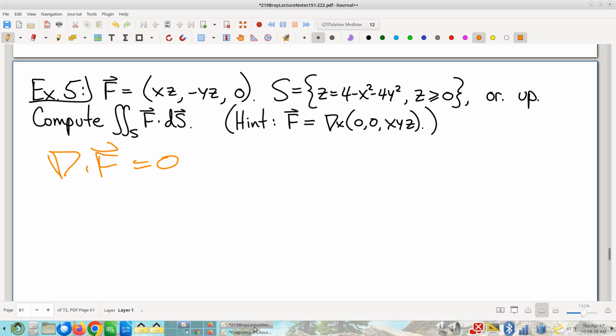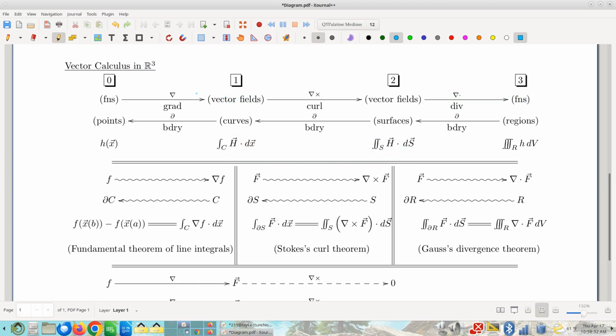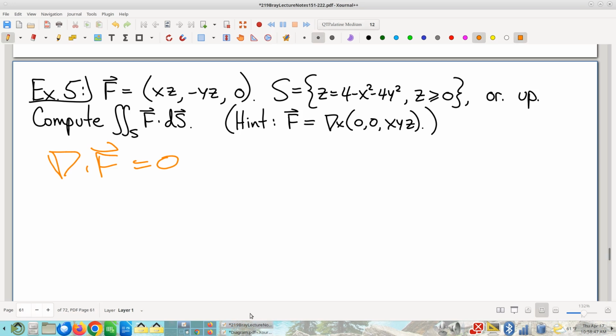And again, diagram. If you have a vector field where the divergence is 0, we know that it is surface independent. And so if we want to apply surface independence, also on the table, go ahead. Surface independence, totally fine.